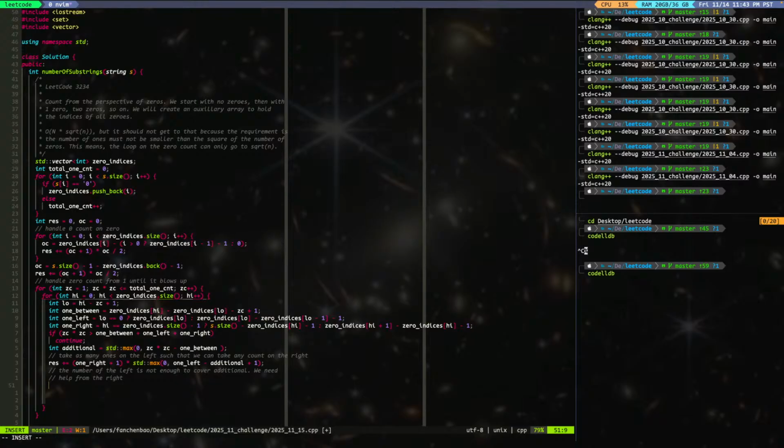Okay, so yeah, we always start from 1, but there is a thing that the left is basically additional minus 1, right?